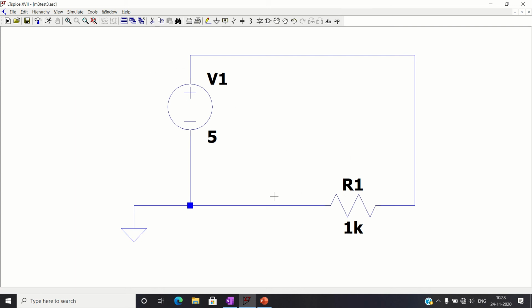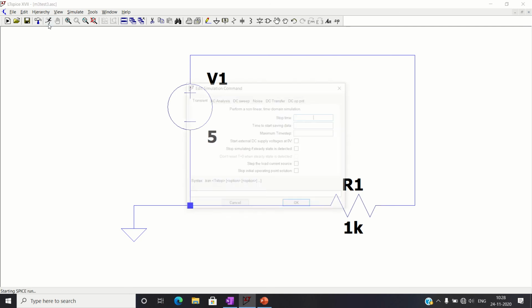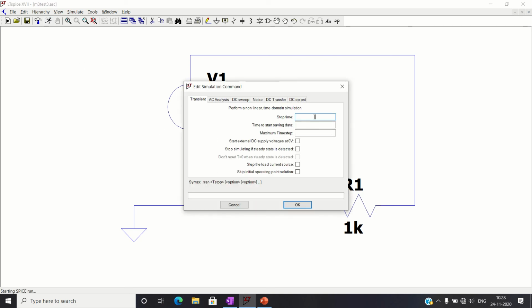Now, to understand its behavior, I am going to simulate this for 20 milliseconds. Simulate means I will observe its behavior for 20 milliseconds of time.